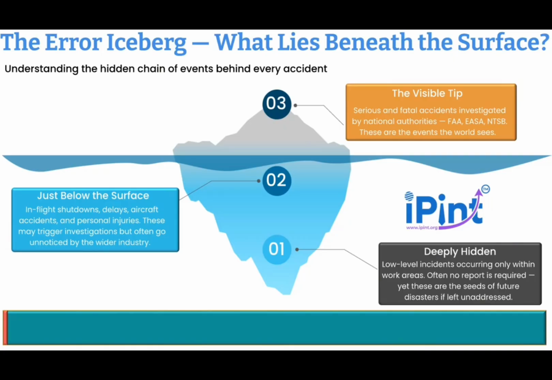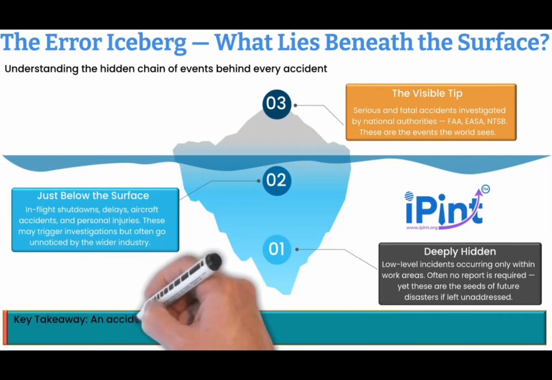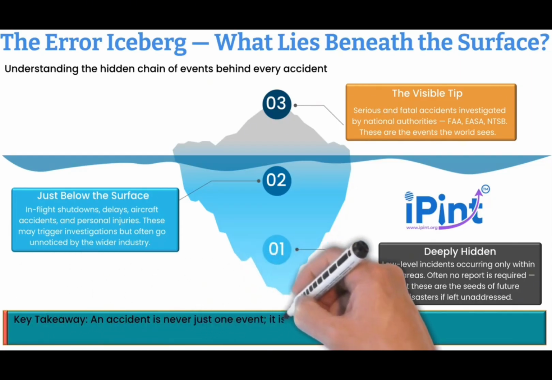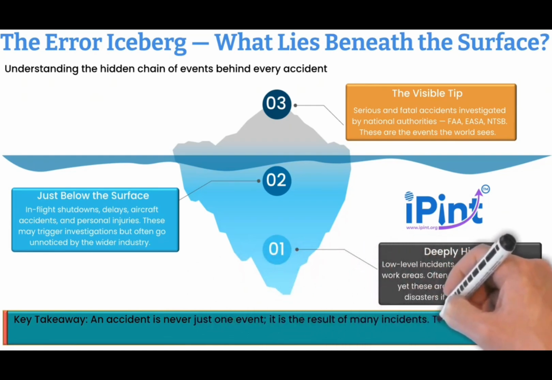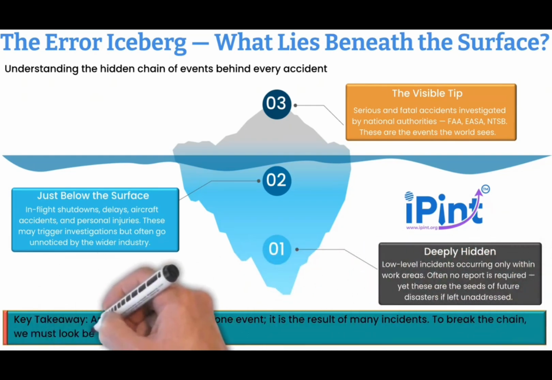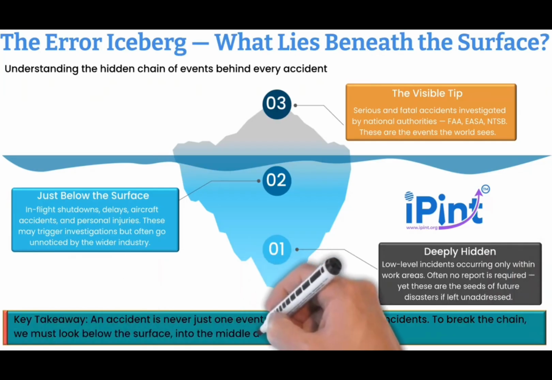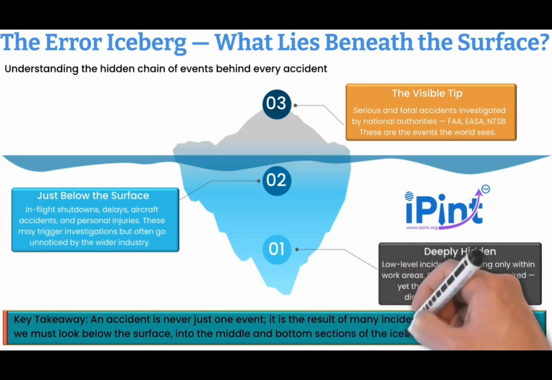We must have the courage and the culture to look deeper, to surface the incidents that happen every day before they ever become accidents. Because remember, an accident is never just one event. It is always the result of many incidents, and every one of those incidents is an opportunity we had and missed to stop it.